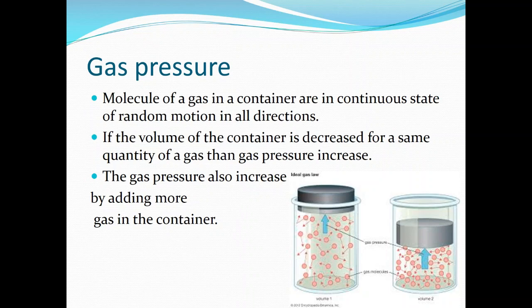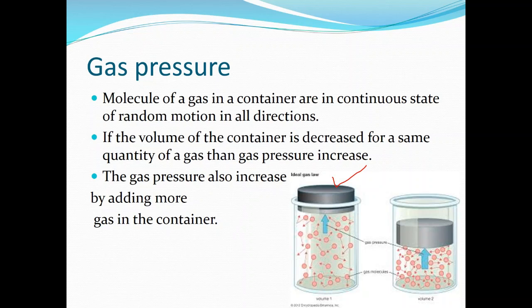We have two points which are going to be discussed in this topic. The first is that gas pressure will increase if we decrease the volume of a container. Let's suppose we have a container like this. You can see my cursor. We have a number of gas particles in it. They are in random motion.